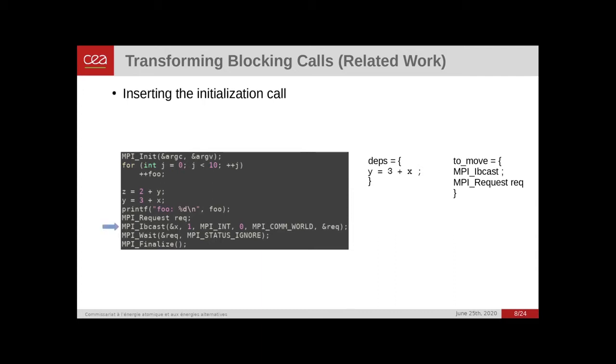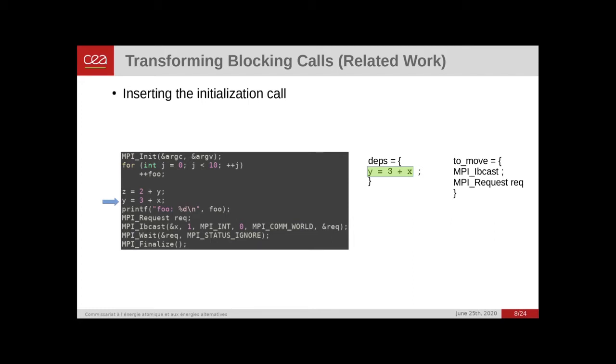So we start off at the initialization code and we visit the preceding statement. The request is already part of the instruction that we are going to move, so it is ignored. We arrive on the print statement. It is completely unrelated to the communications, so it can be safely added into the overlapping interval. So we visit its preceding statement, and now we arrive on that y equal to triple x statement.